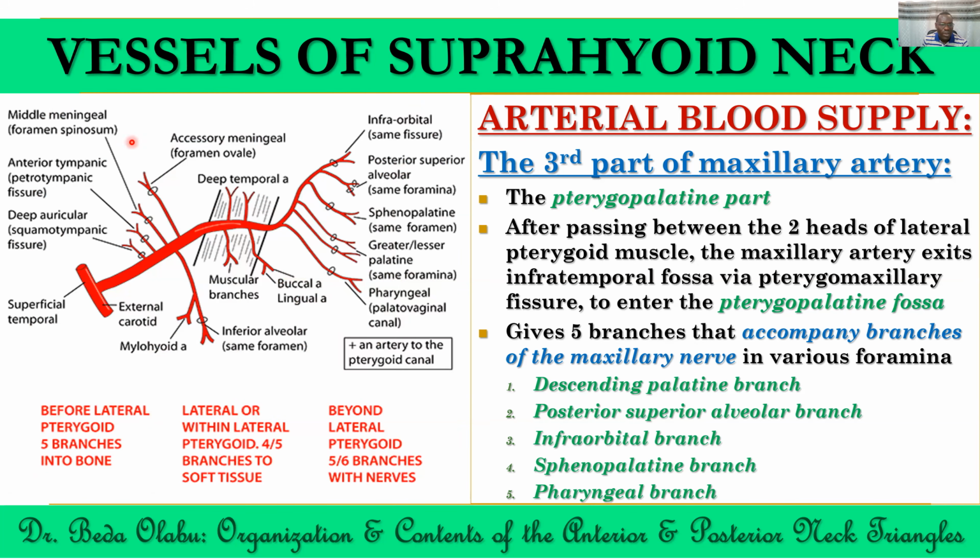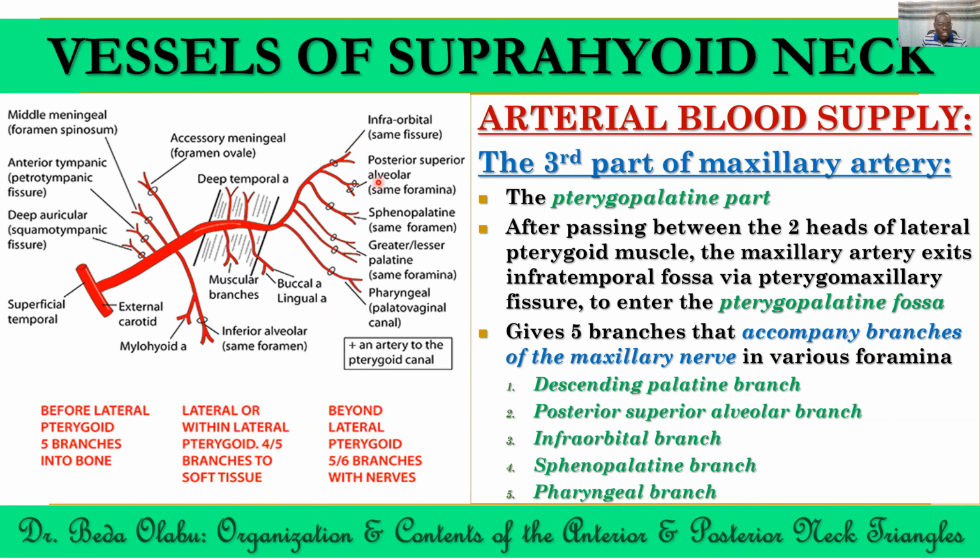This is a summary of the branches of the maxillary artery from the first part, second part, and third part. The third part may be 5 or 6. Take note that the branches of the first part will go to various foramina.